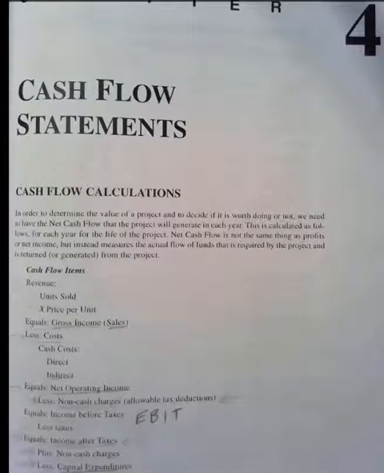Non-cash expenses, let's use the example of depreciation, are basically an accounting procedure that is allowed by the Internal Revenue Service, the IRS. What the government does is allow you to allocate that amount of investment across several years depending on the expected life of the asset.